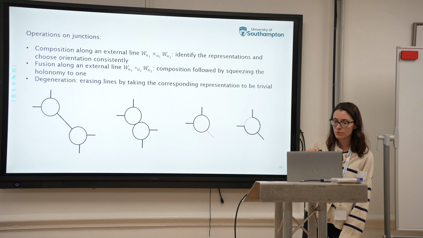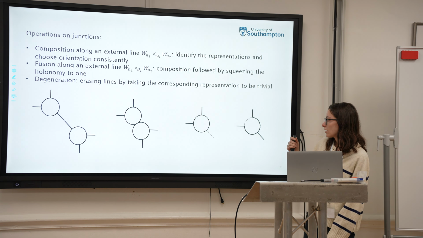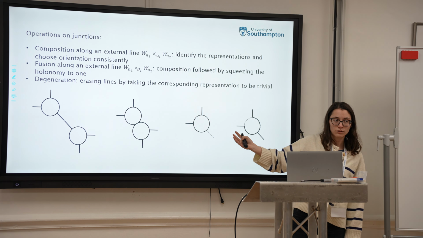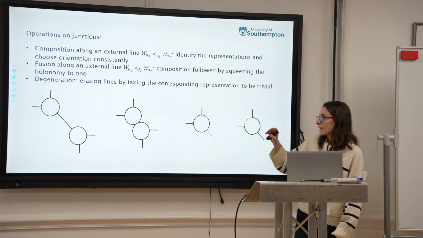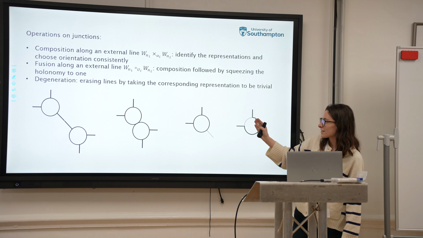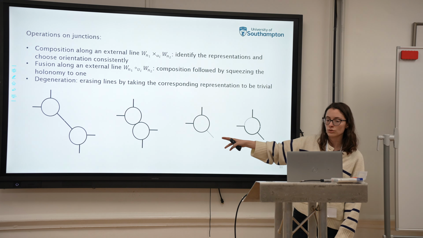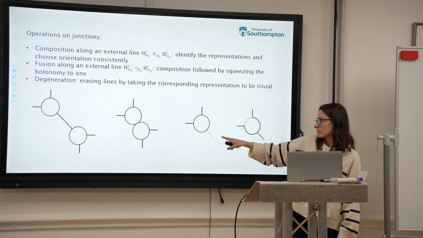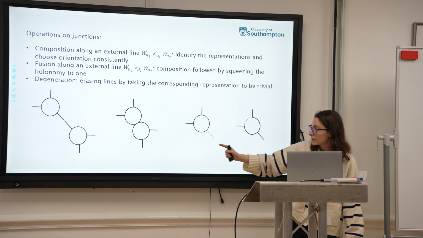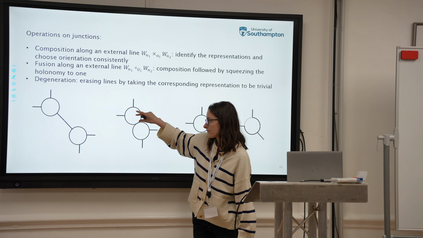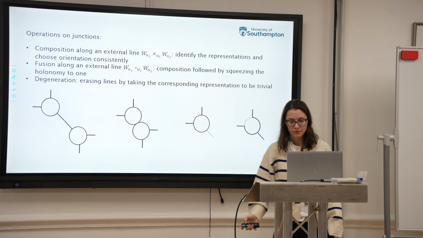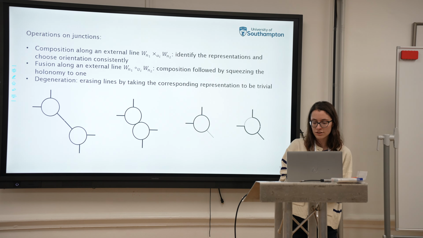And the last operation is called degeneration. We can also erase lines, and given that the data associated to the lines are representations, it makes sense that the way to erase lines is taking the representation to be the trivial one. We can erase both external or internal lines, but these operations are just on external lines only.